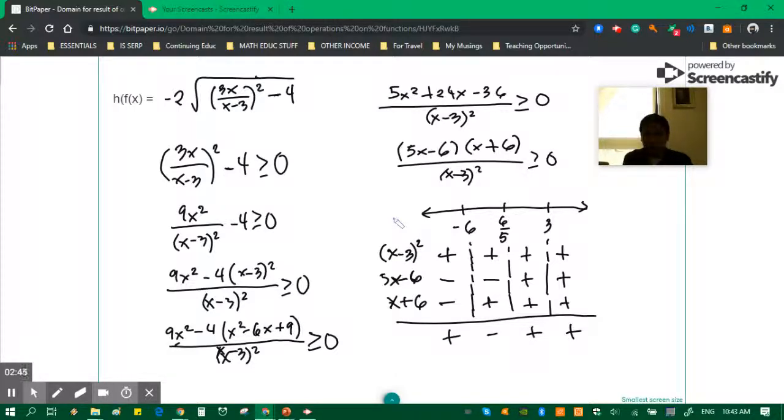So solution-wise, we need all values less than negative 6, to use a bracket or parenthesis. Negative 6 is in the numerator, so it's okay if it becomes 0, and we can make use of the bracket because it's an or equal to situation.